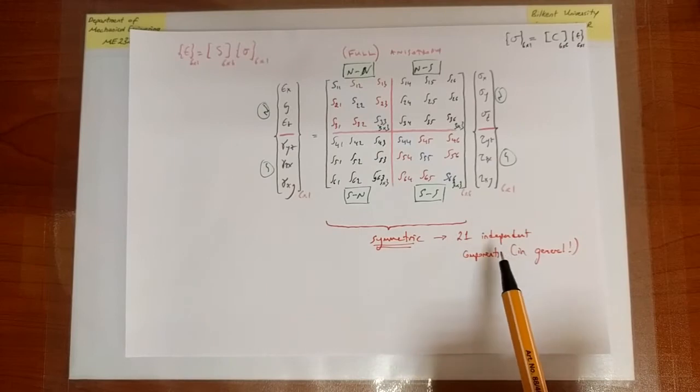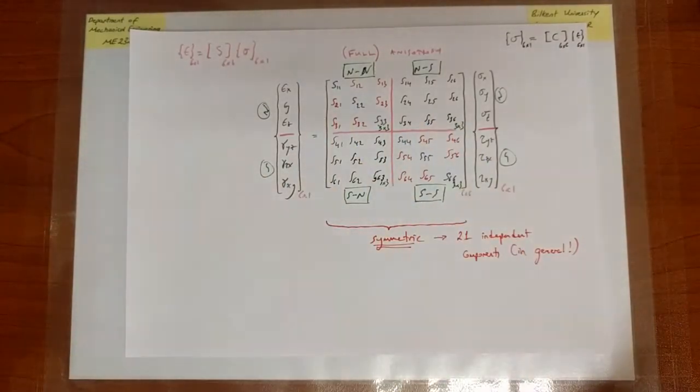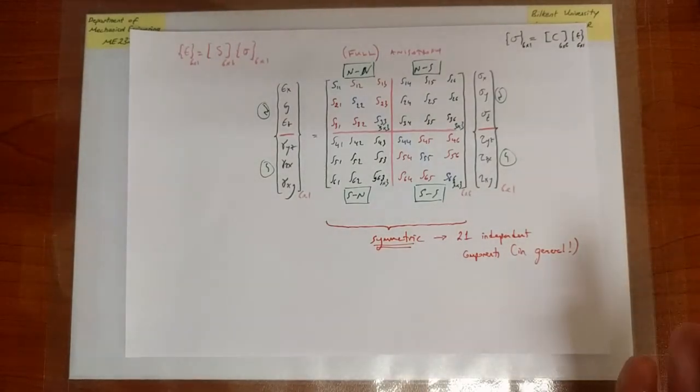So if you need to do experiments to characterize a material behavior, I give you a material, you know absolutely nothing about it, it's been just manufactured or it's given to you and you're asked to work with it, but nobody tells you the type of material behavior it displays.